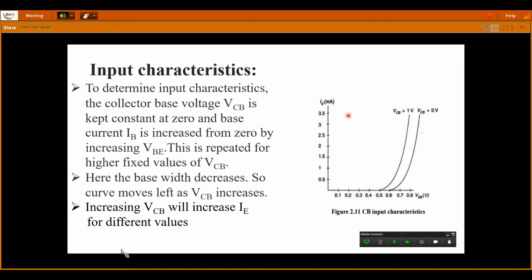When the base current is negligible, the emitter current, whatever emitter current you are transferring from the input signal, is approximately equal to the collector current.